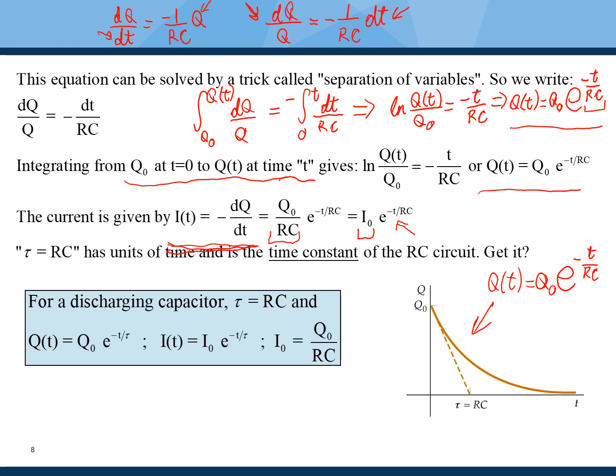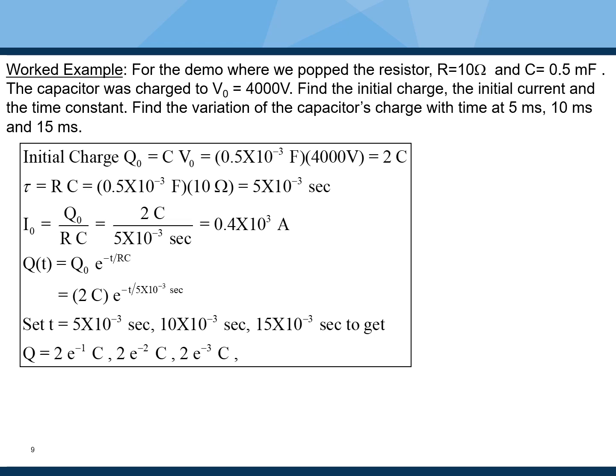But now let me remind you of the demo that you have seen, where we took this gigantic oil-filled capacitor which had a capacitance of 0.5 microfarads. Now, micro might seem like a small thing, but in the world of capacitors, a microfarad is actually a giant humdinger of a capacitor.